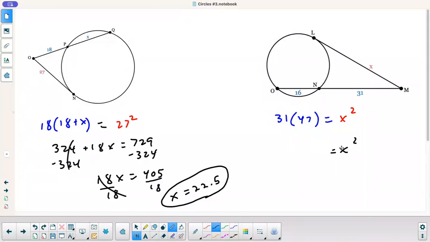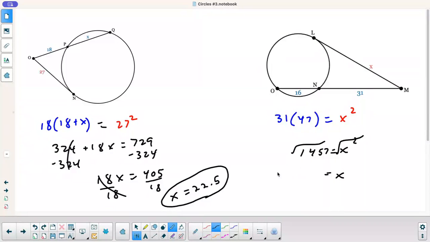We've done it plenty of times with the Pythagorean theorem. So this ends up being 1457. And I square root both sides, and I don't know if that's a perfect square. Square root of 1457 is not a perfect square.